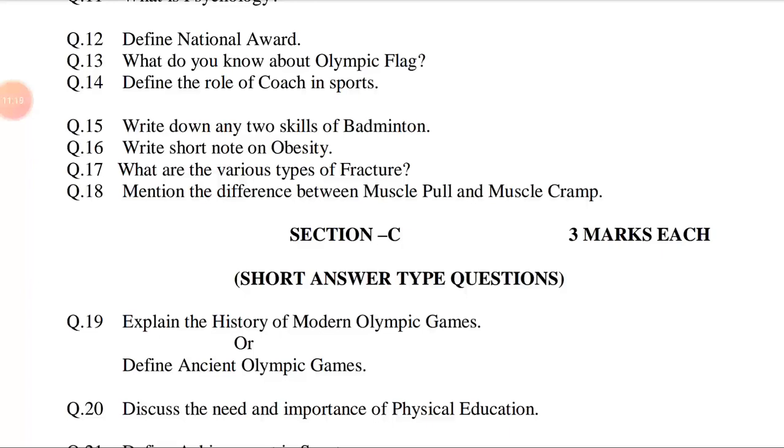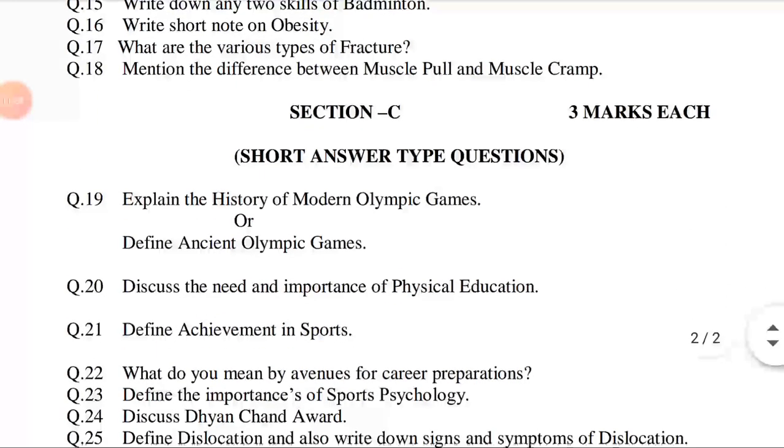Question number 17. What are the various types of fracture? This question is related to chapter number 10, common sports injuries and rehabilitations. Various means many, several. When you give the answer, write only the types of fractures.